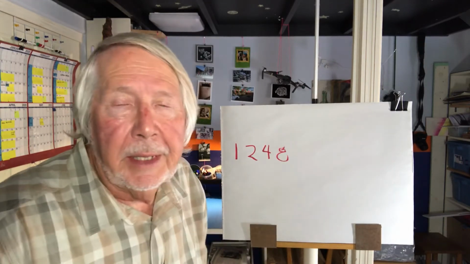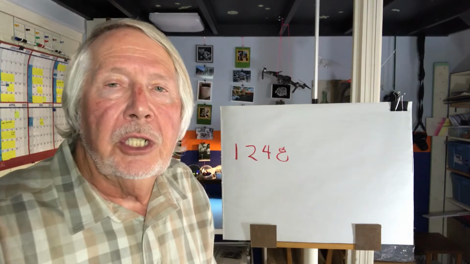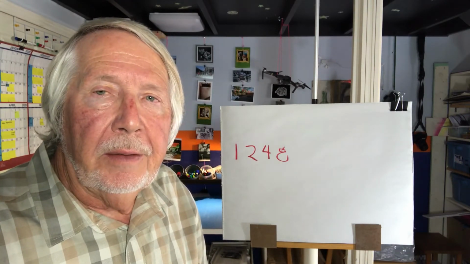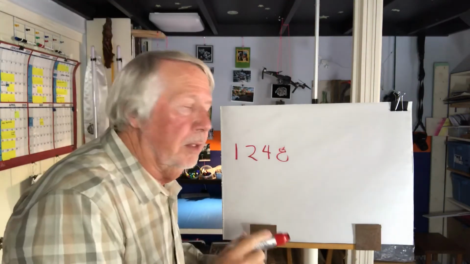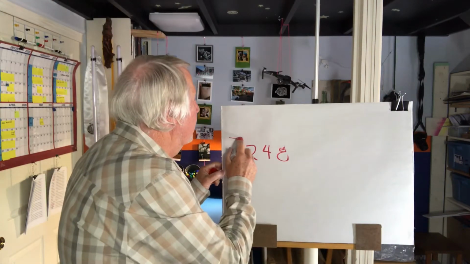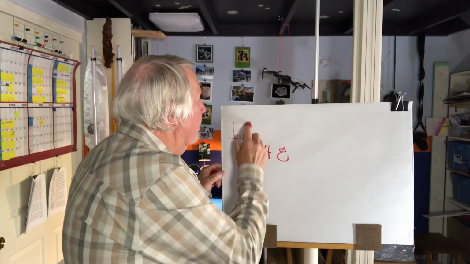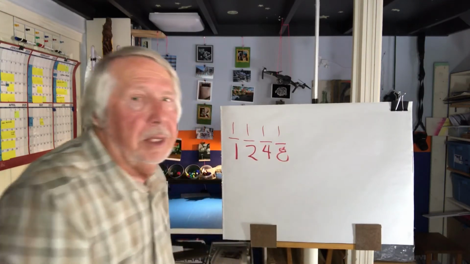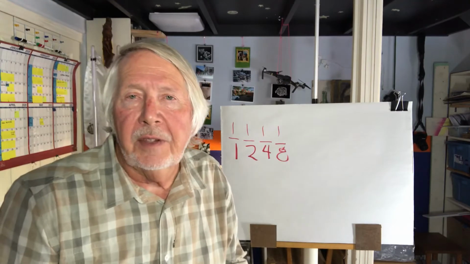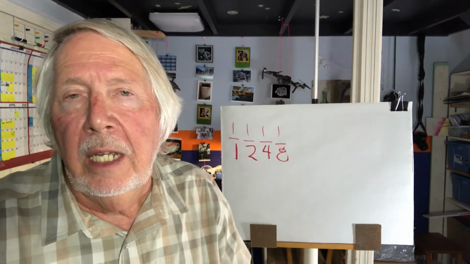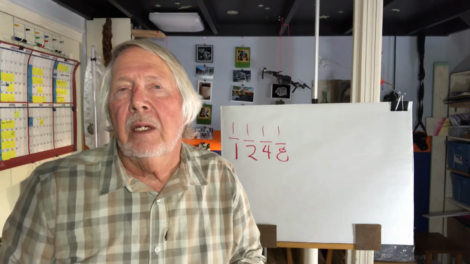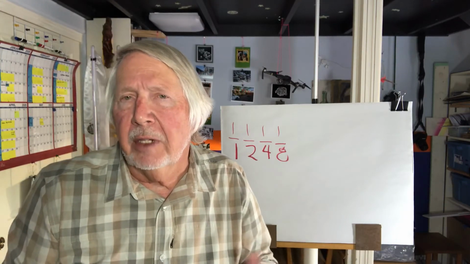By the way, even though they don't show it on the readout, these are fractions. So over the top of each one of these, just insert on your own that these are fractions of a second. 1 over 1 is a full second. 1 over 2 is a half, and a quarter.